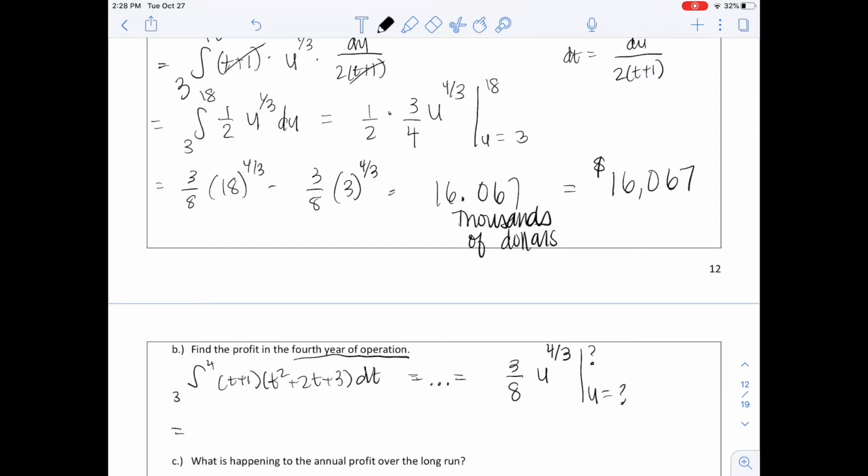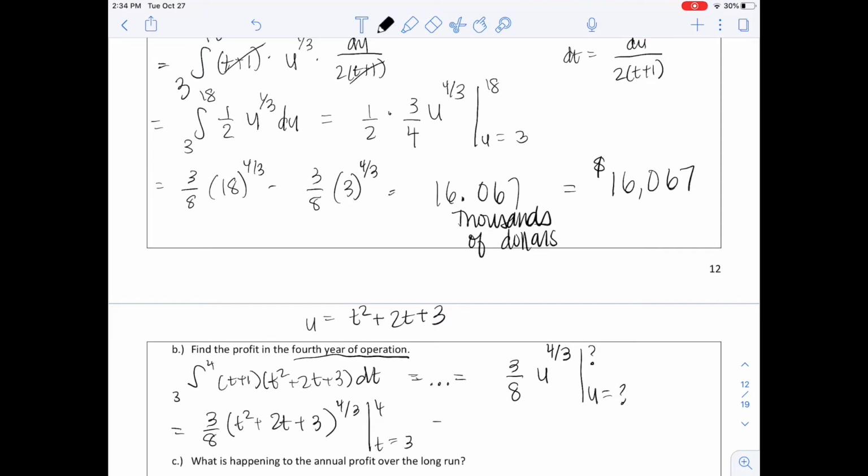And remember, u was equal to t squared plus 2t plus 3. So I can back sub this in, and I have 3 over 8 times t squared plus 2t plus 3 raised to the 4/3 power. And since we're back in our t variable, I can say this integrates from 3 to 4.